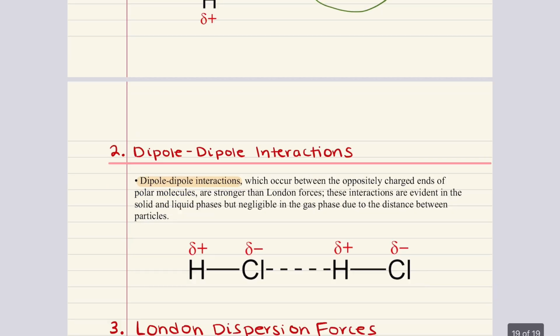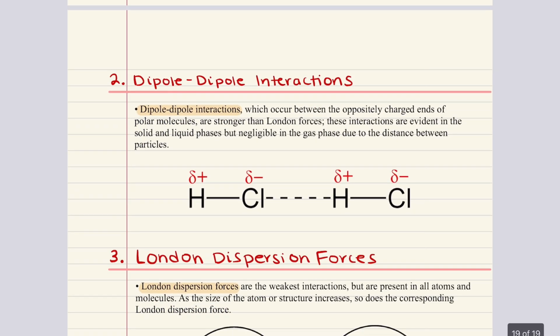Now, the next thing we want to talk about is dipole-dipole interactions. We just said that hydrogen bonding is an unusually strong type of dipole-dipole interaction. So it's important for us to understand what a dipole-dipole interaction is. These forces occur between polar molecules where there is a permanent dipole moment.